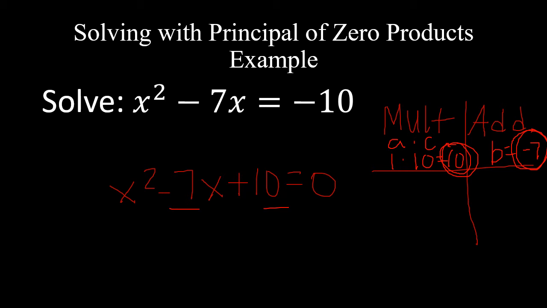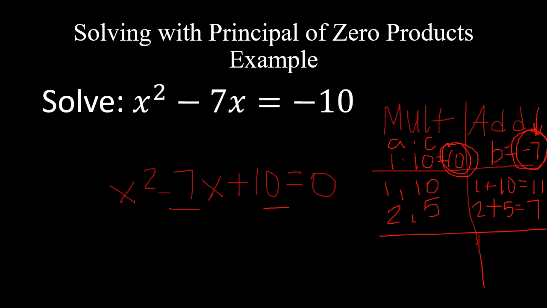So let's just break this down. Let's write all the factors of 10, right? We have 1 and 10. I always start at 1. Then we have 2 and 5. And that's actually it, okay? So notice if I add 1 plus 10, that gives me 11, which is clearly not negative 7. And if I add 2 plus 5, well, that gives me positive 7, but not negative 7.